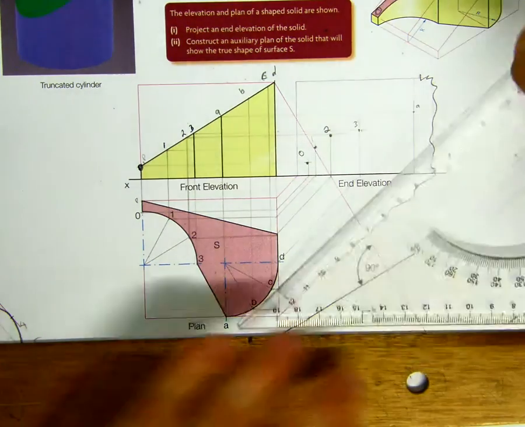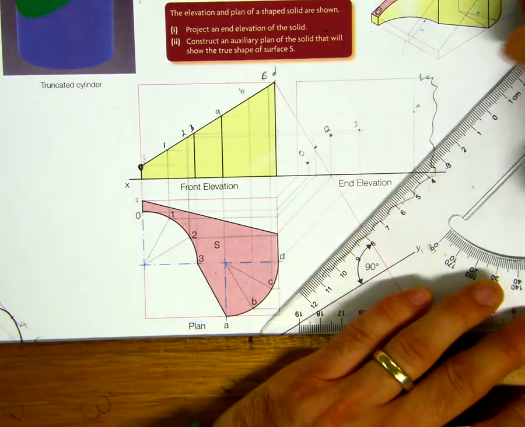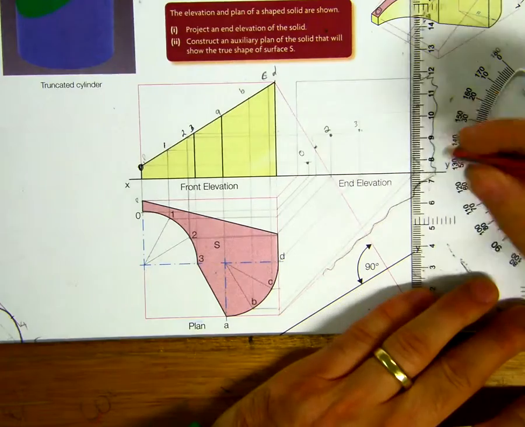Then we have B, brought B across, up 45 degrees, up vertically into elevation.